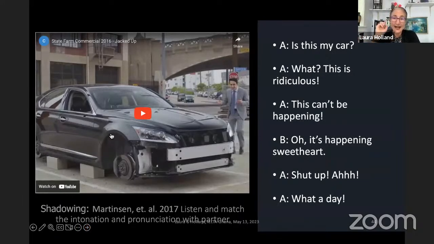The idea is you play the video a couple of times, and then students listen and work in pairs to match the intonation and the pronunciation as much as possible. That's why it's called shadowing, right? They're trying to shadow and make the sounds the same. This is a really useful tool for your own pronunciation development and also for your students. So here's the commercial.